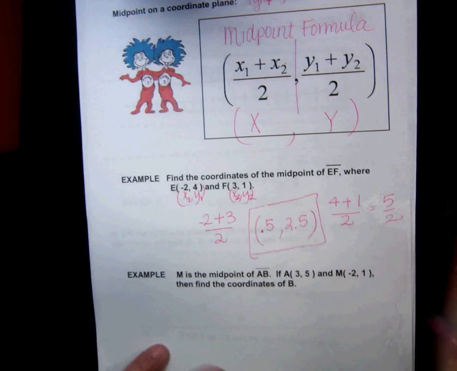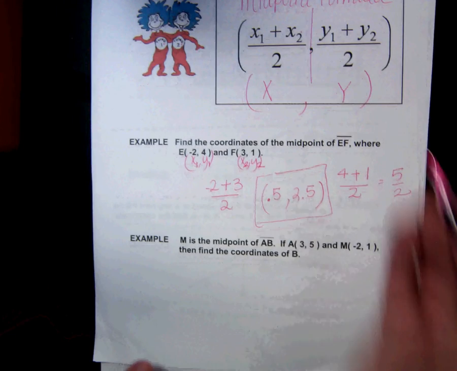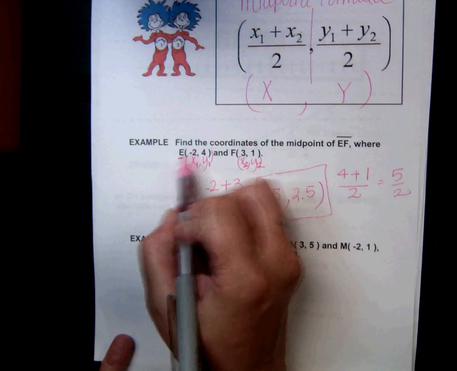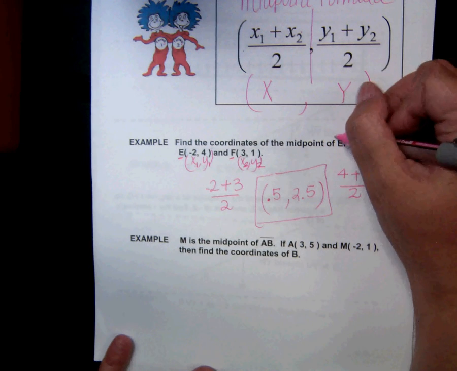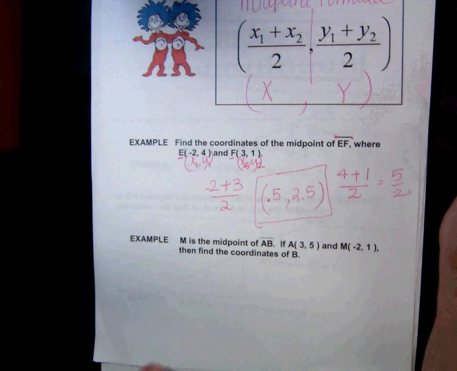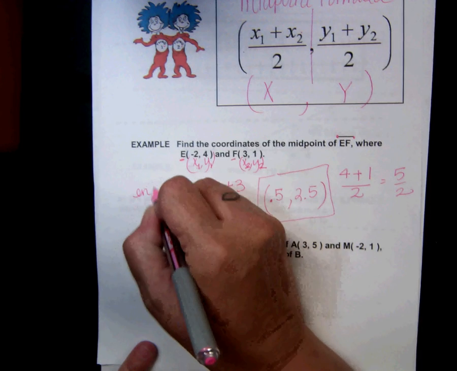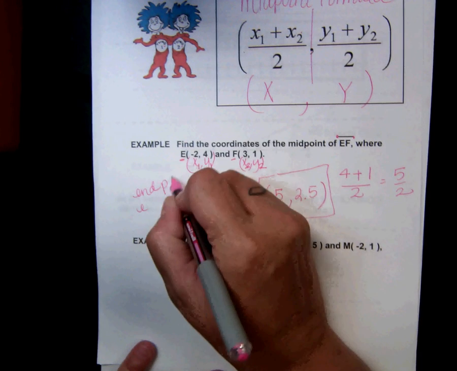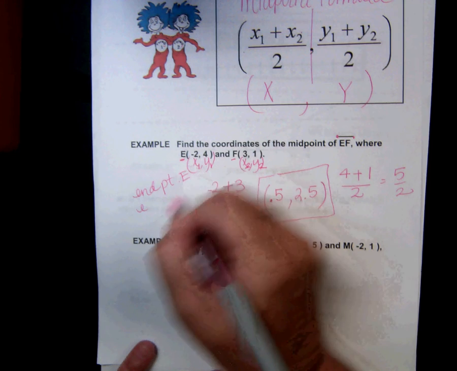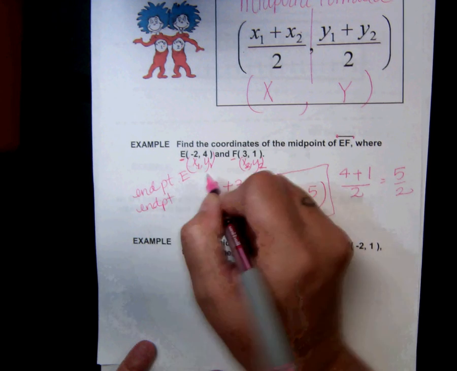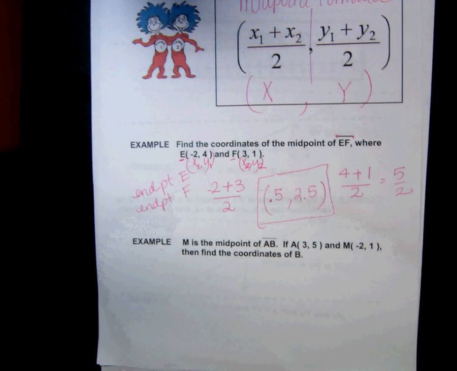Let's go practice another one. Now when we look at this, what they gave us right here was E and F. E and F are the endpoints of this segment. So we were working with two endpoints. The next one we're going to work with is a little bit different.